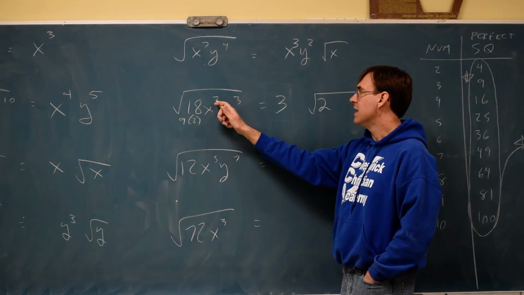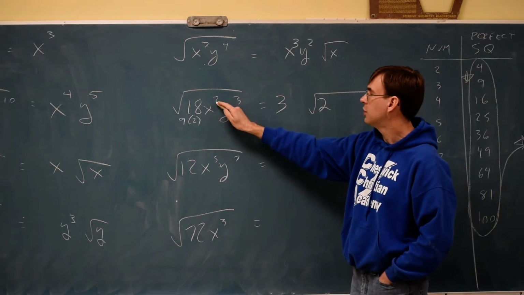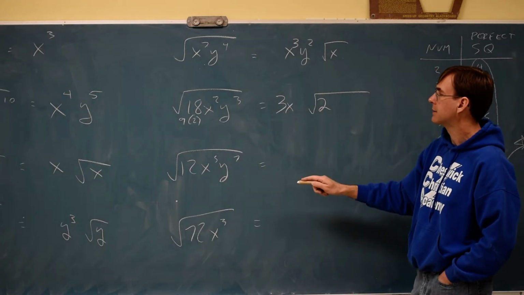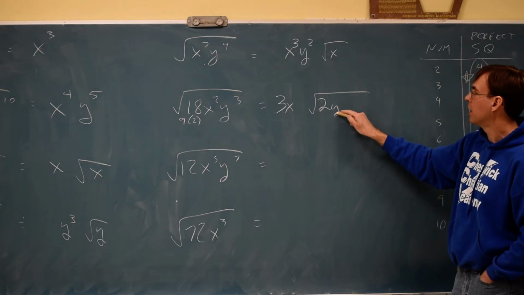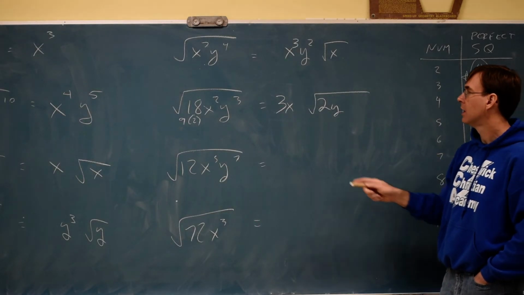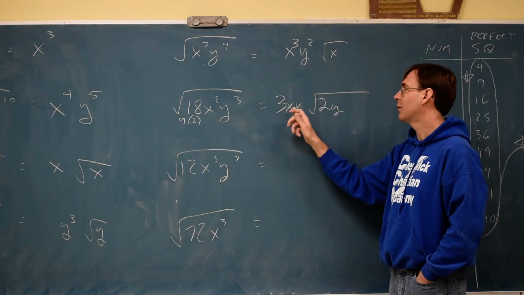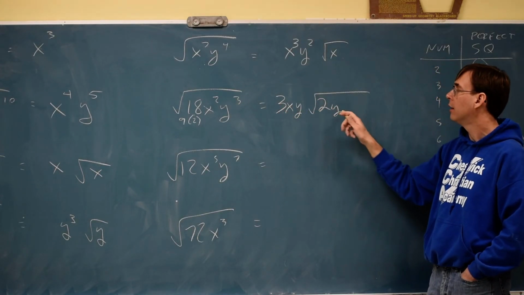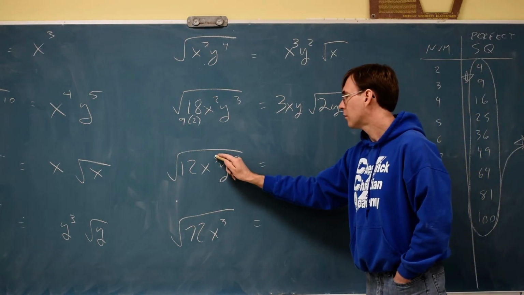The x has an even power, so no x's get stranded inside. We cut the 2 in half and bring out an x. The y has an odd power, so we leave a y in. There's also y's coming out. Half of 3 is like 1.5, so bring out 1, and then the other one was left in there.